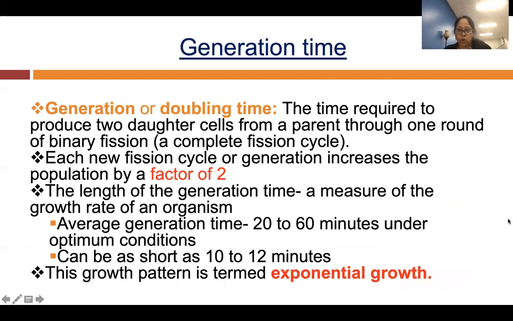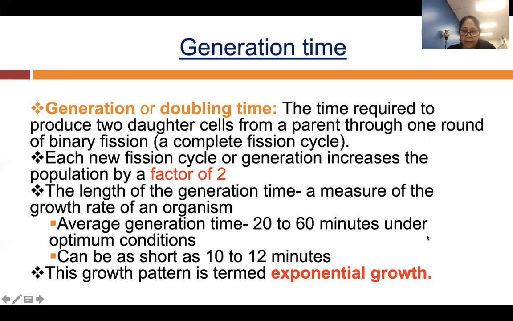Generation time. Every time, from one bacterium we get two bacteria. So each new binary fission cycle, or generation, increases the population by a factor of 2.